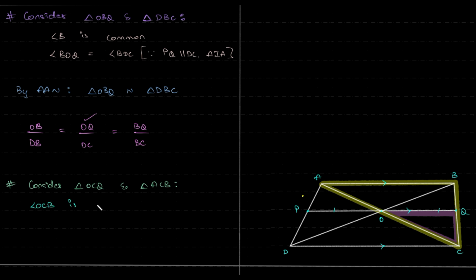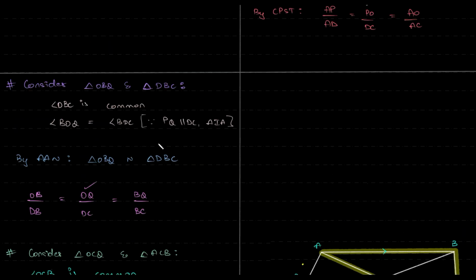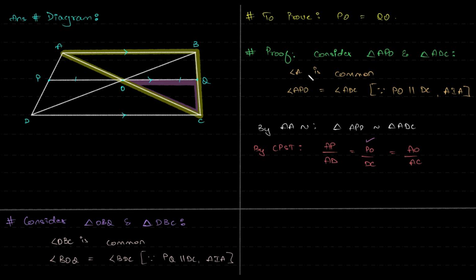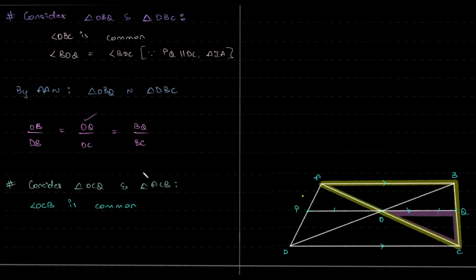OCB is common. And this also I'll change. You can't write that way. DC TBC. And here is not angle A, it is DAC.